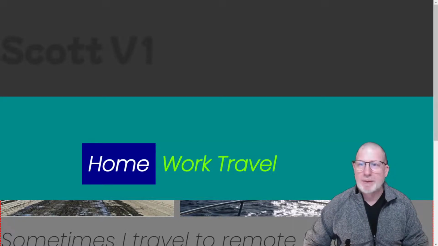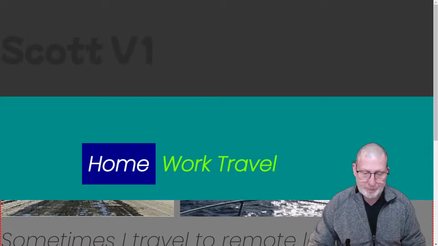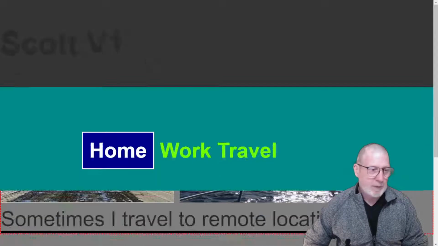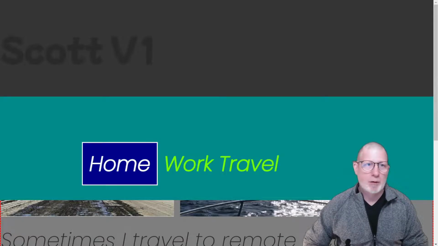That's a little better. But the square edges kind of bother me, so I'm going to put a border on it so I can see where they are. There we go. So now we got a border.